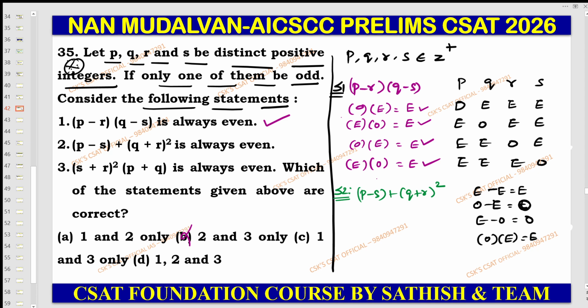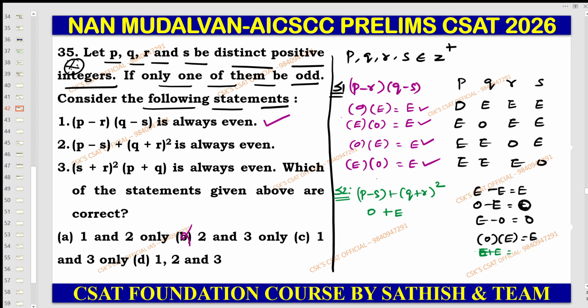Odd minus even, odd. Plus Q plus R. Q plus R is odd plus even. What is Q plus R? Even plus even. Understood? The even square is nothing but even.